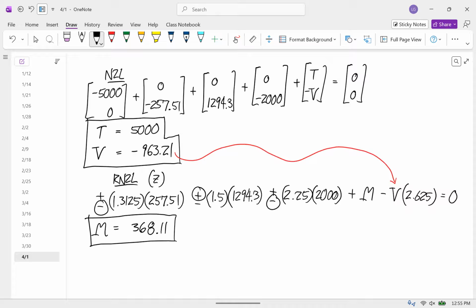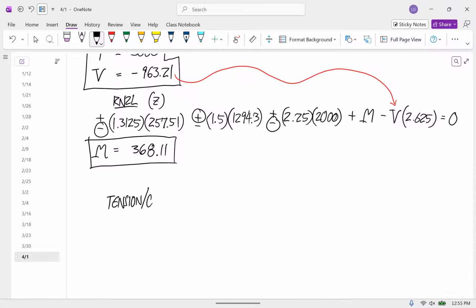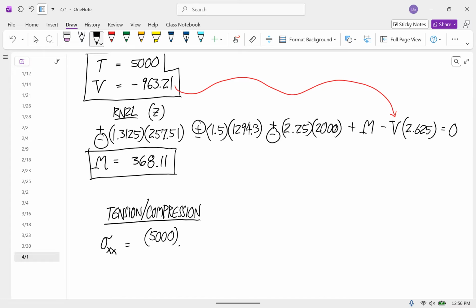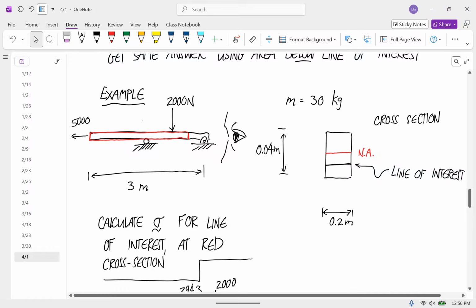Okay, so finally, we haven't done anything but statics yet, but now finally we're at deform stuff. Now we can calculate the stress tensor. So first I'm going to do the stress due to tension compression. So sigma xx is equal to 5,000 divided by the cross-sectional area. So I'll go way back up here to the cross-section. That's 0.04.